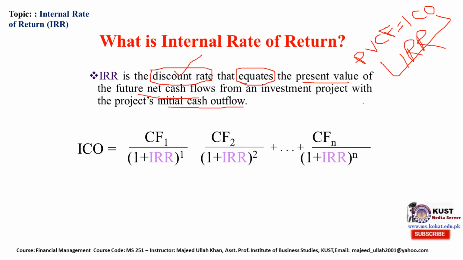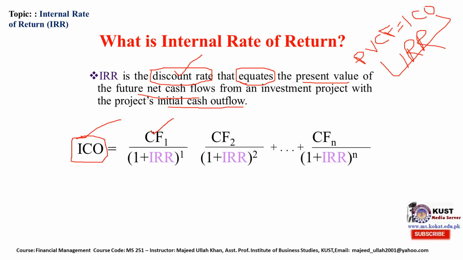Mathematically, we can express it as an equation like this. This is the initial cash outflow of the project, that is, when the project is initiated, this cash flow will occur. It means the firm will invest this amount.